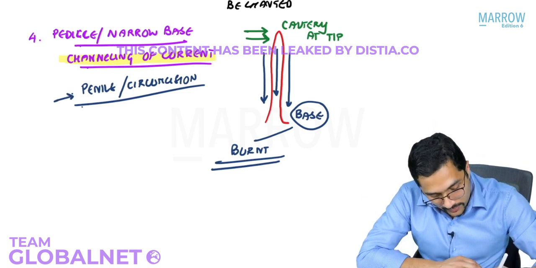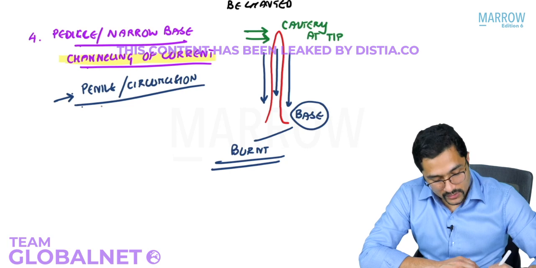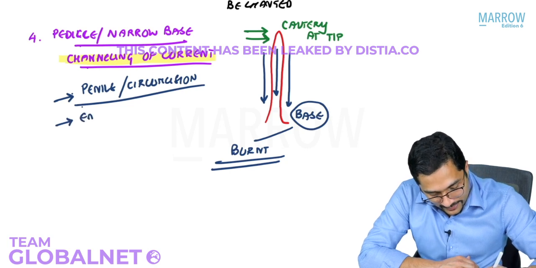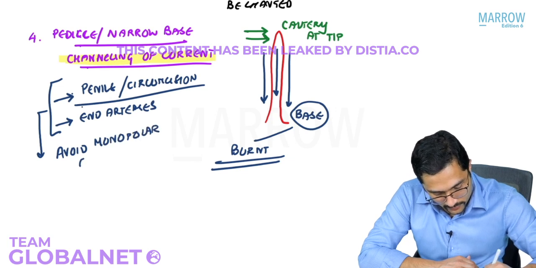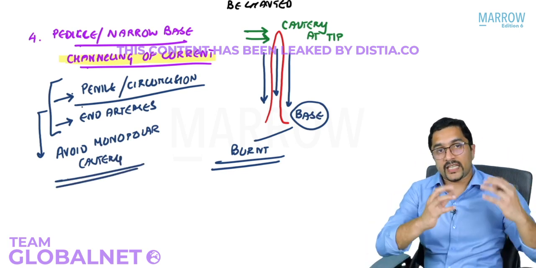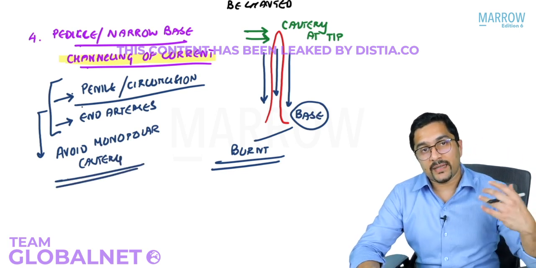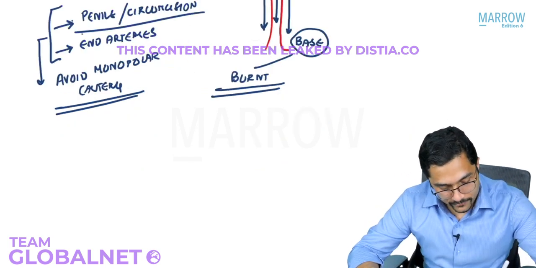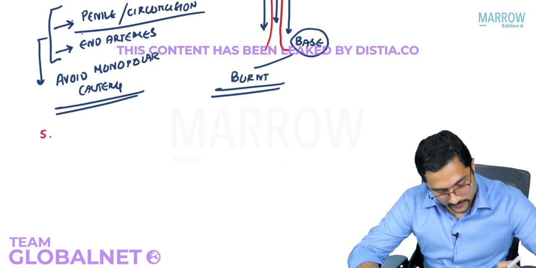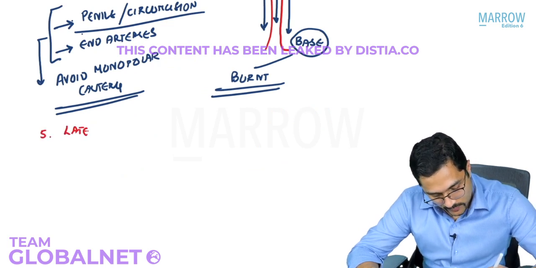So that is why in penile surgeries, or when there are end arteries, we avoid monopolar cautery because of channeling, because it can even burn the base, and that can be detrimental for the patient. Okay. And the fifth point which I want you to remember is that there is also lateral spread of the current.